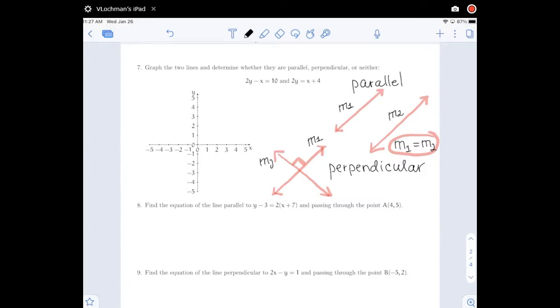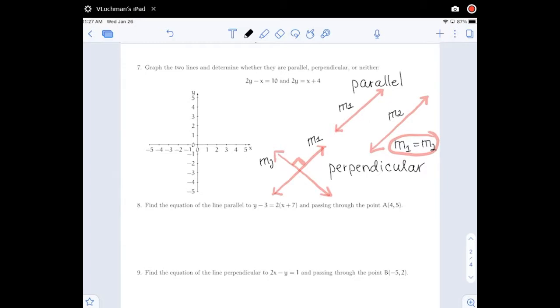Now let's think about it from a logical point of view. One of these slopes is positive and the other one is negative. A positive times a negative will give us a negative every time, no matter what those values are. If we have two positives, or two negatives, the product will give us a positive. But in this case, one is positive, one is negative, so the product will be negative.